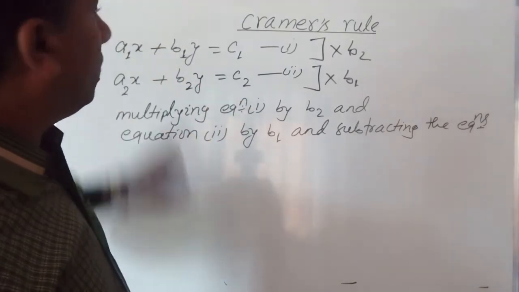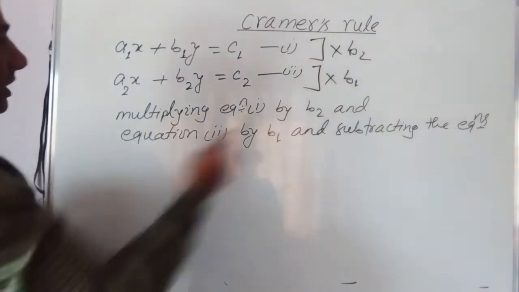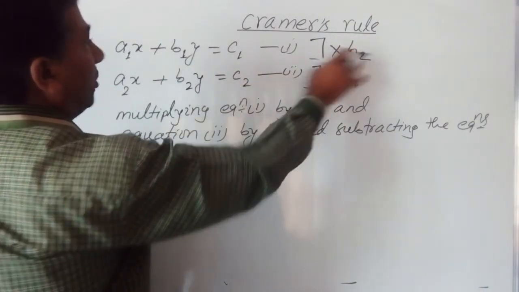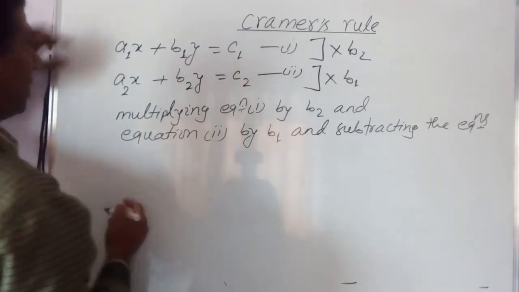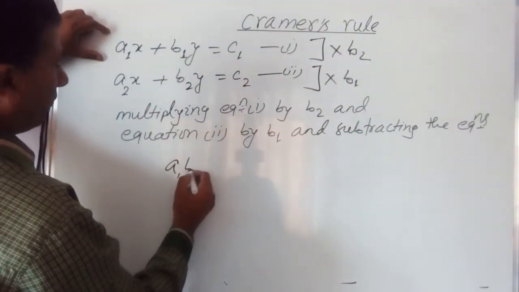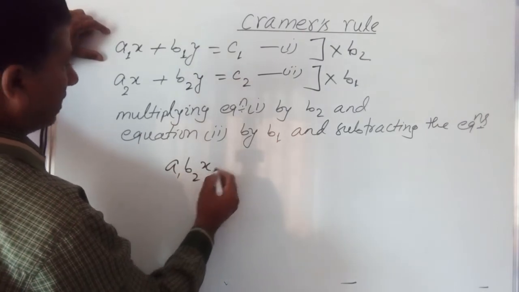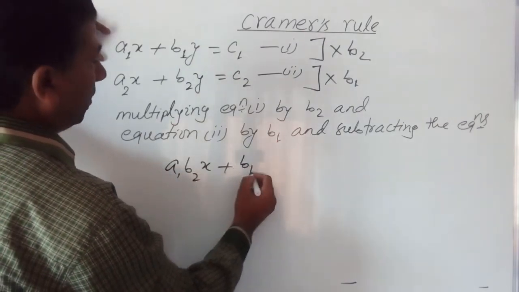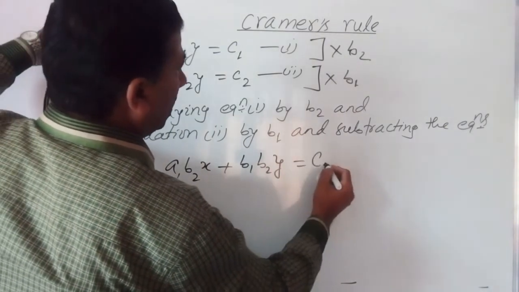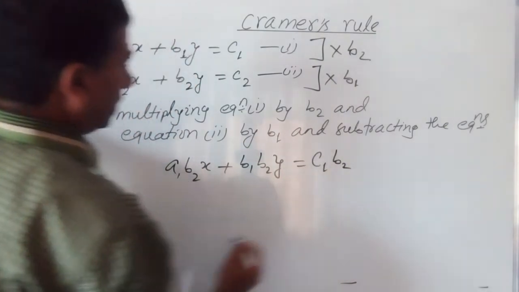Okay, now I write this here. After multiplying equation 1 by b2 on both sides, it will be a1 b2 x plus b1 b2 y equals c1 b2.